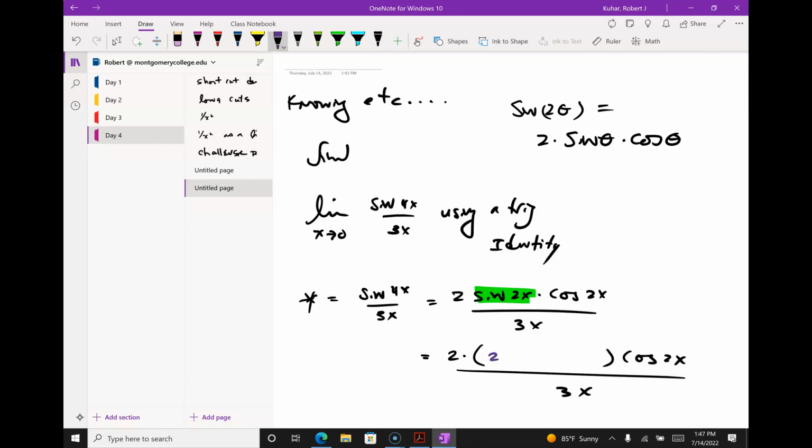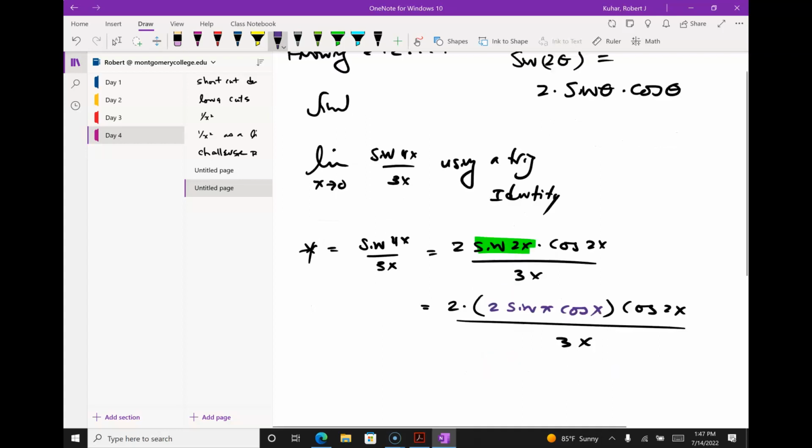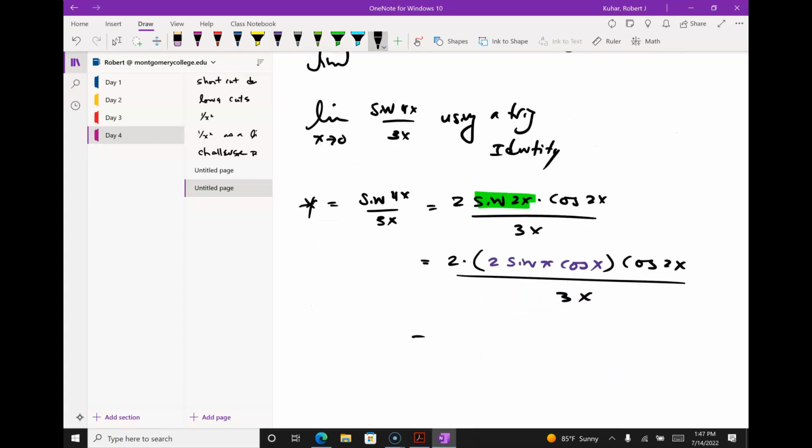Sine 2x becomes 2 sine x cos x. So I have 4 thirds sine x over x cos squared x.